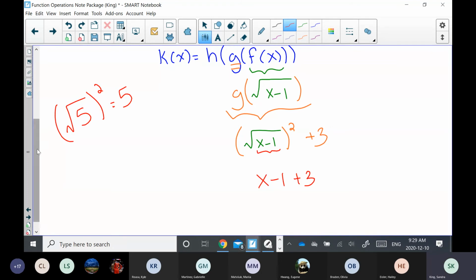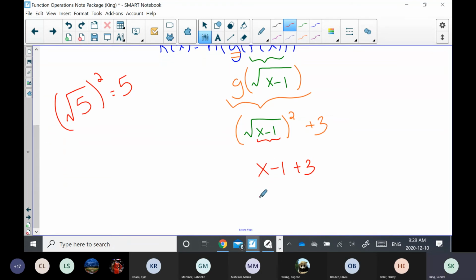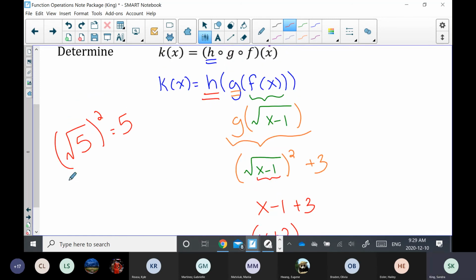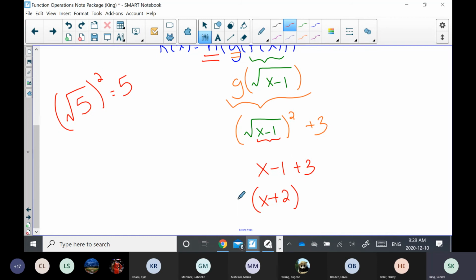Join these constants together and you would have x plus 2. So this now was my g function. And where am I inputting this x plus 2? Into the outermost function, which is h. So yes, with all of these, if we give you diploma questions, the questions on your unit exam, they clean up very nicely.